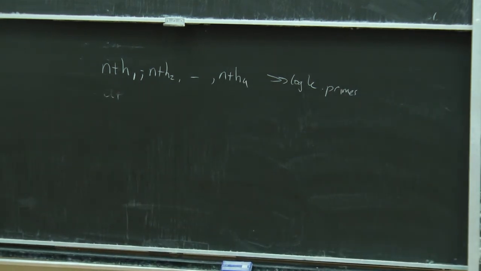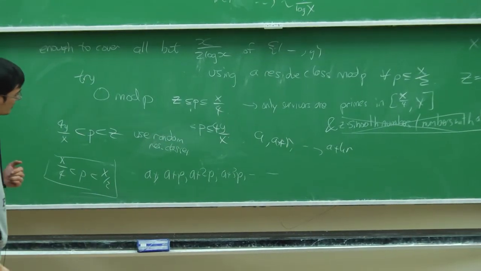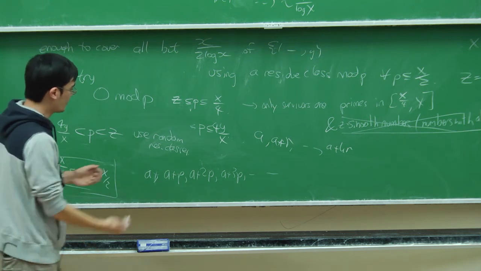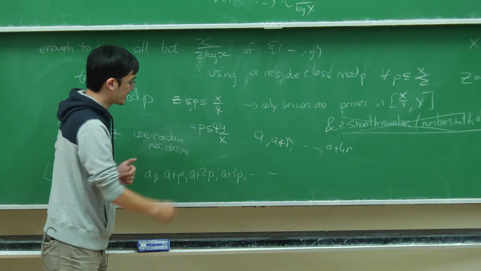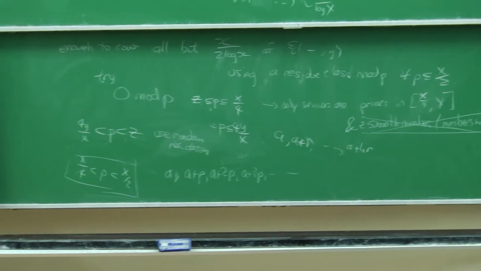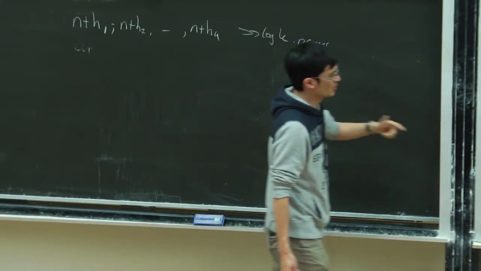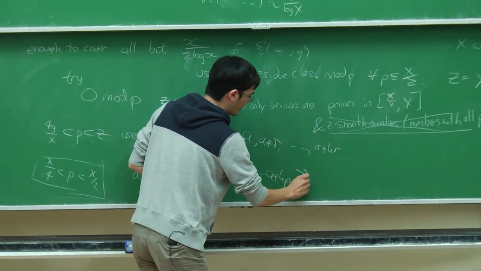That you have a plus p, a plus 2p, up to a plus kp, and you just want to find lots of a's for which many of these guys are prime. And so it turns out that a routine modification of the argument of Maynard that gives you this also gives you, if you have a progression of length k here, you can make about log k of these guys prime.